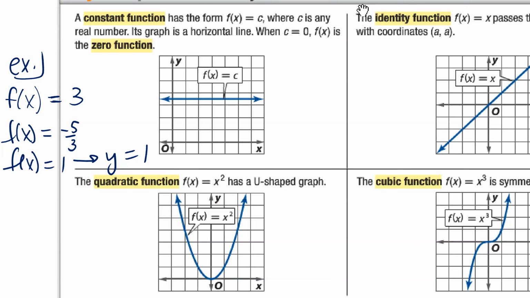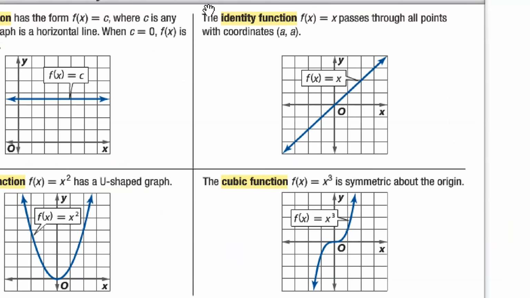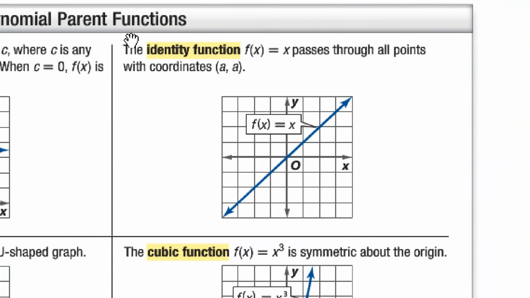The identity function. If I'm going a little too fast or you're confused, just let me know. Ideally, this is review. The identity function is f of x equals x, aka y equals x. The identity function passes through all the points with coordinates (a, a). That would be the parent function.